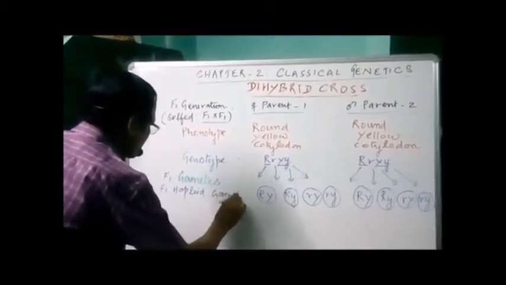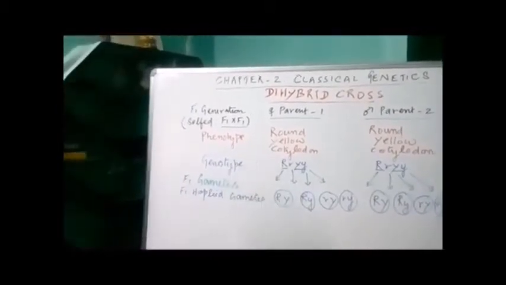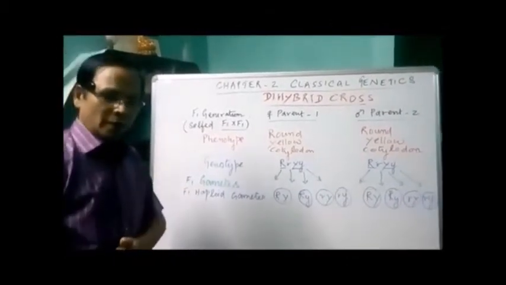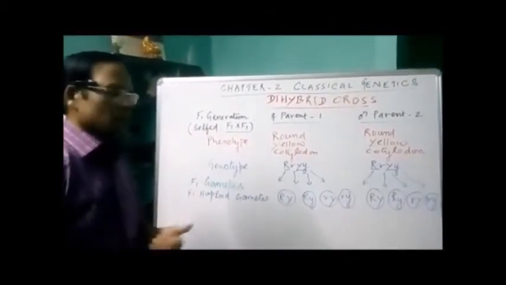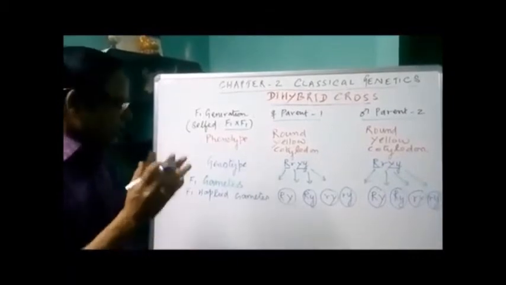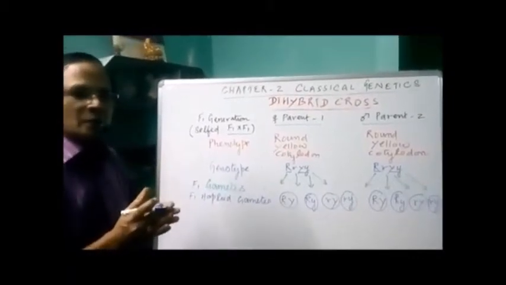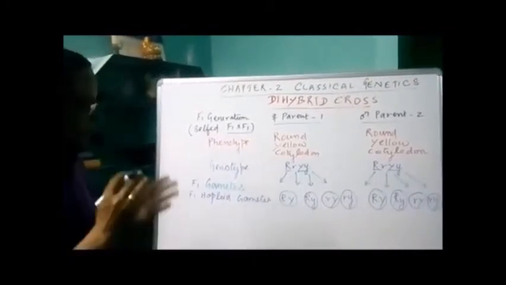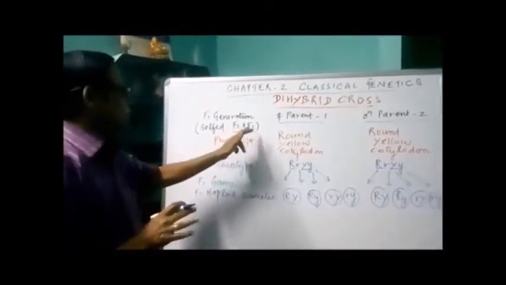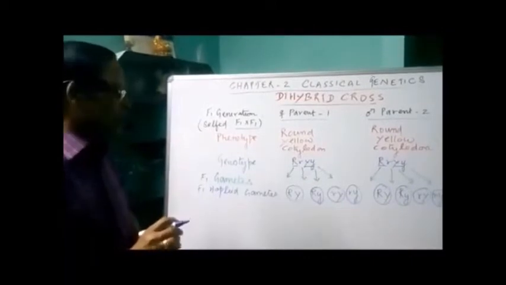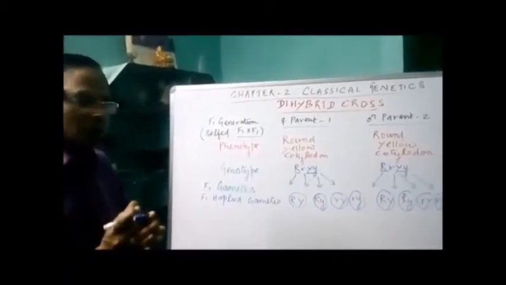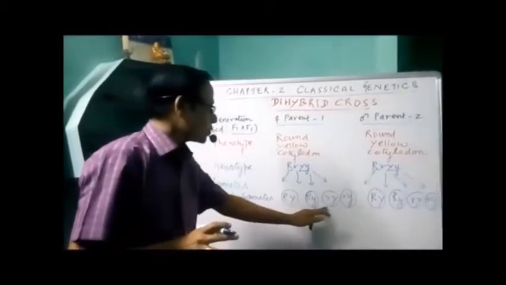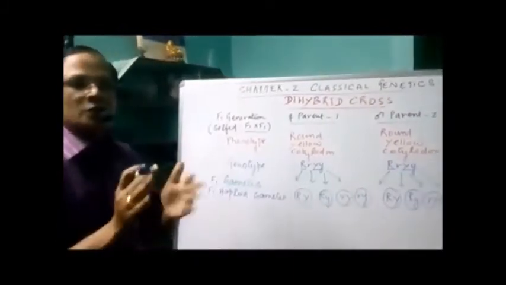F1 haploid gametes. So during fertilization, what will happen? Each zygote, with equal probability, receives one of the 4 combinations. So during fertilization, that is F1 into F1, each zygote with equal probability receives any one of the 4 combinations from each pair.